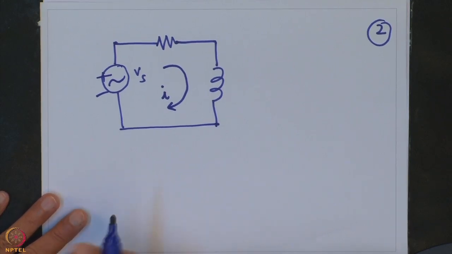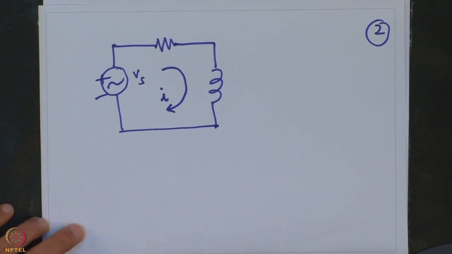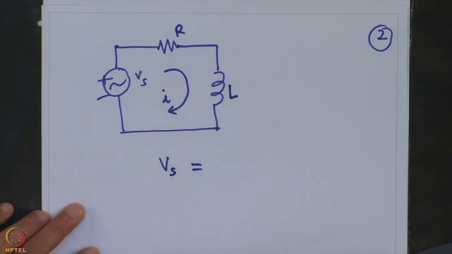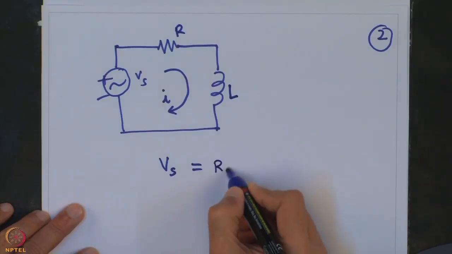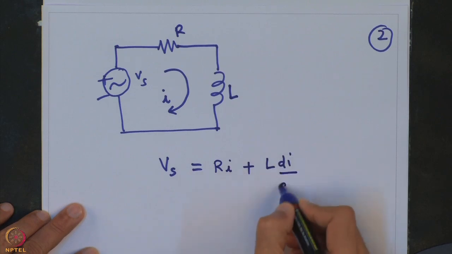Now, if I want to know the nature of current in this circuit, how would I analyze it? By using Kirchhoff's voltage law, I can say Vs is equal to, let us say this resistance is R and this inductor value is L, R into i plus L di by dt.